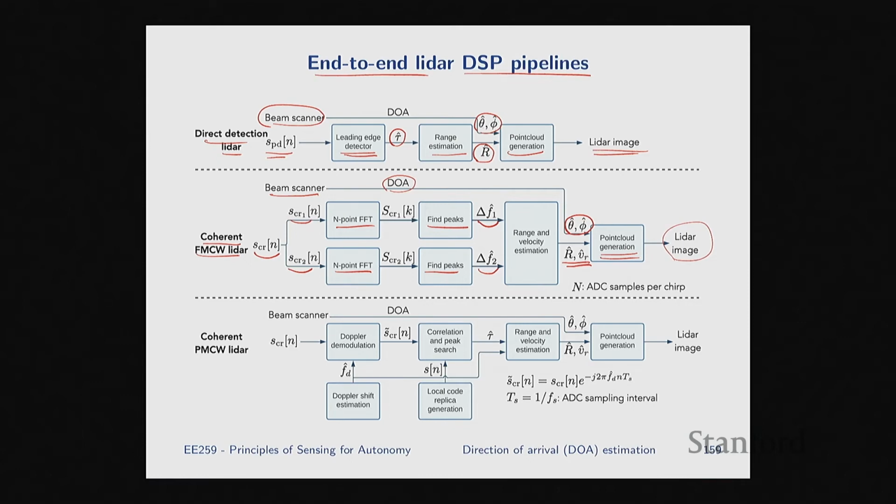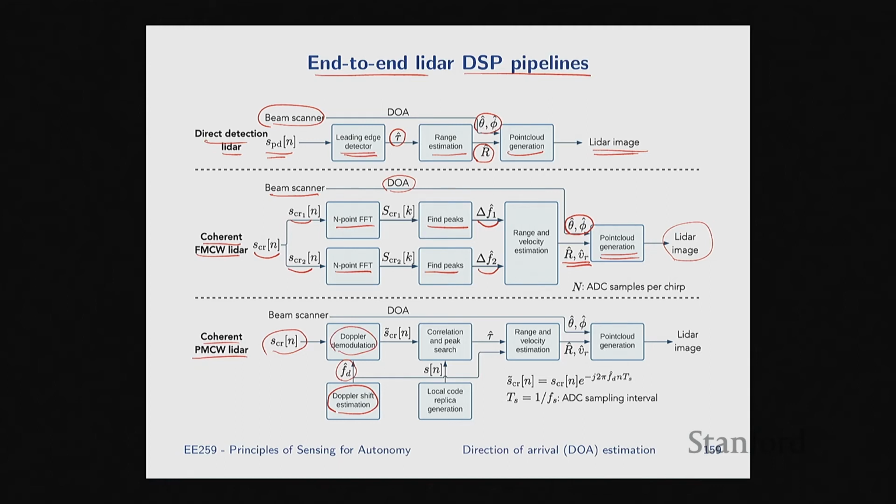What about coherent PMCW LiDAR? It's slightly more complicated, so you get your signal out of the coherent receiver. There are different methods, as we said. Here I'm showing the case where you somehow estimate your Doppler shift, and then if you have an estimate of F hat_d, you can demodulate your signal with the Doppler.